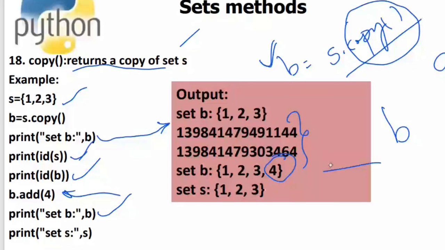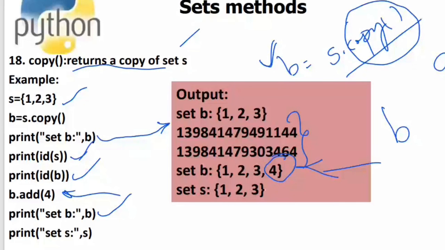I hope everybody understood this. So you're having two copies. It means it's like you took a Xerox of it. Say I have an original copy of marks, and I made a Xerox of the original copy. Making modifications in the Xerox copy will not make modifications in the original copy, right?